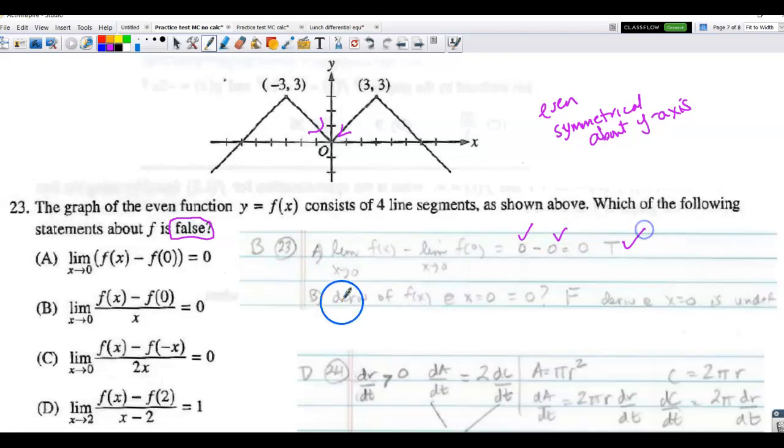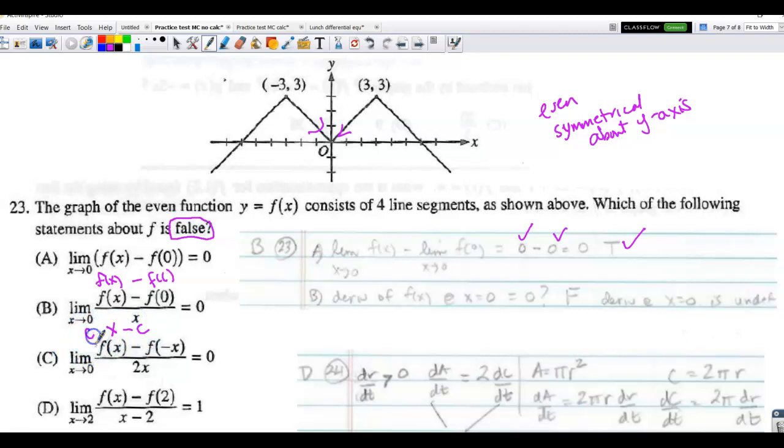In letter B, this is a definition of derivative statement, and what it's saying is the limit as x approaches c of f of x minus f of c over x minus c.